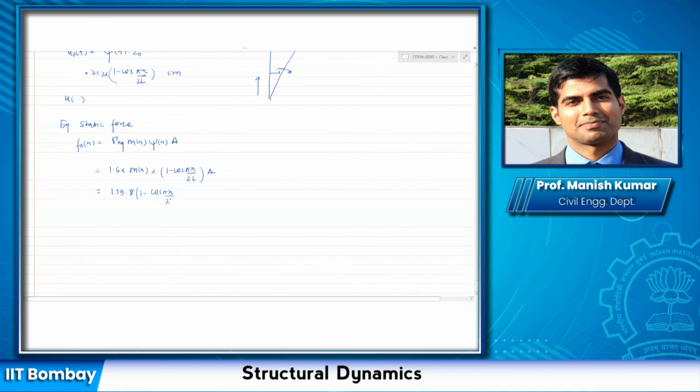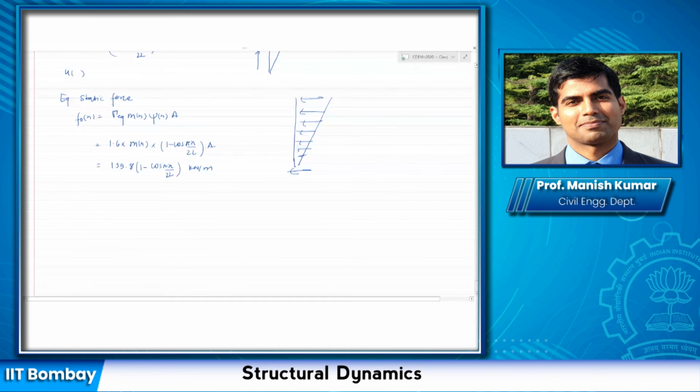So this is the equivalent static force to which we are going to find out the response of the system. Let us say it looks like something like this. So the base shear would be the sum of these equivalent static forces. For that you don't need to actually integrate it. We have already derived the expression for base shear as L equivalent times A times gamma equivalent.